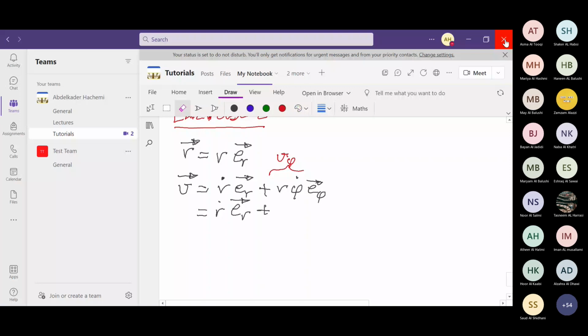If you look at the slide, what I made in a yellow frame is what we use for the expression: we have V_R E_R plus V_phi E_phi.